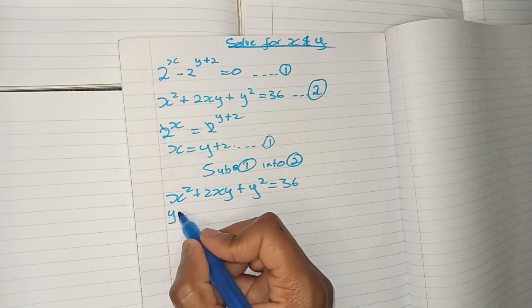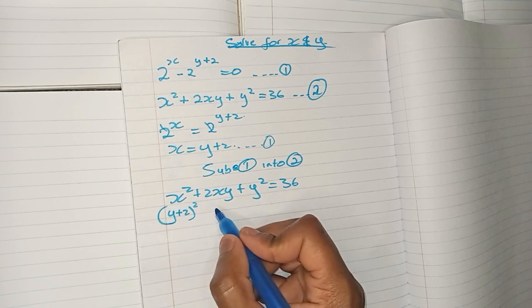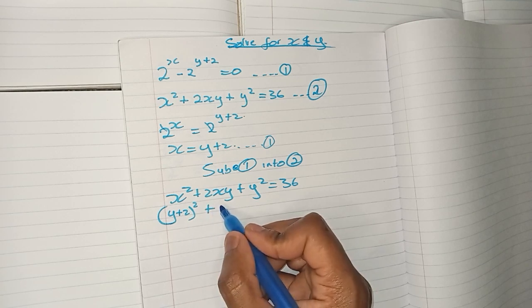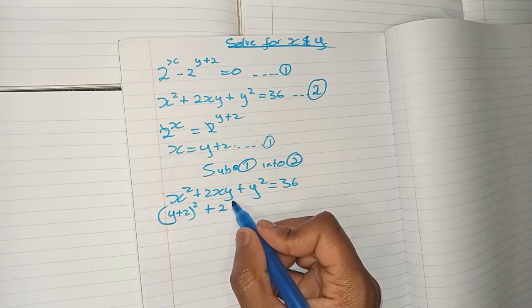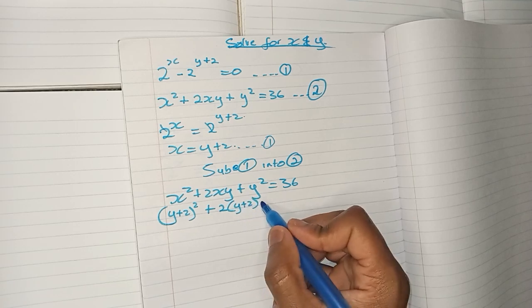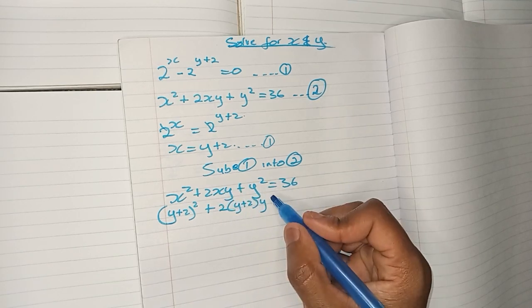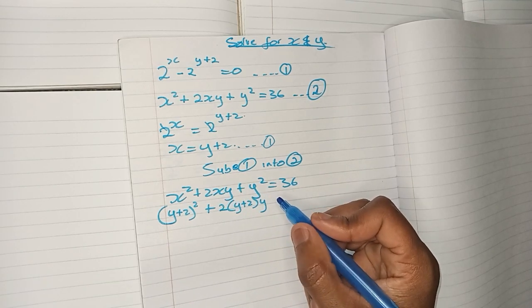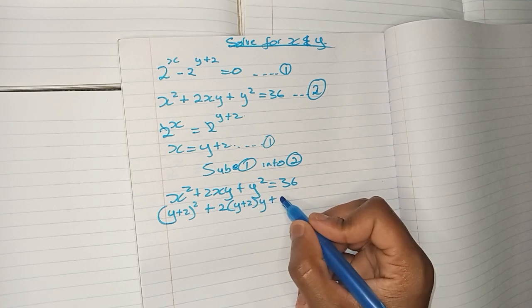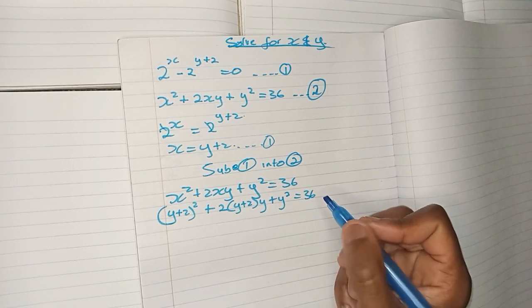So it will be (y plus 2) squared plus 2 into (y plus 2)y, right? Because that's what it says. I included the brackets as well. Then plus y squared is equal to 36, right?